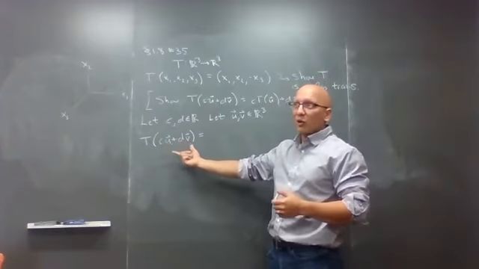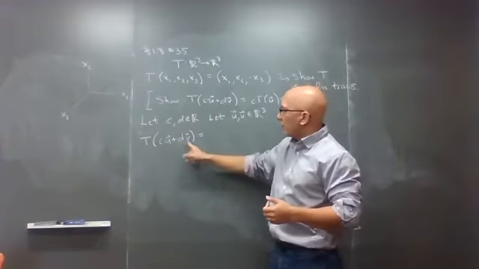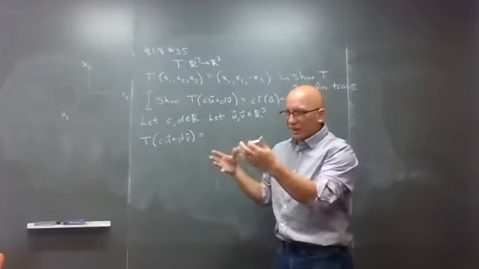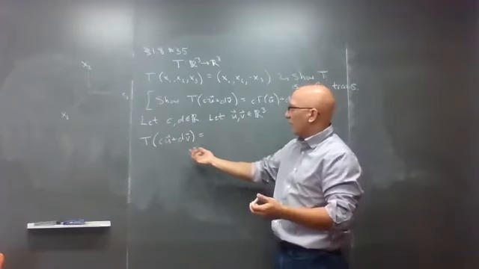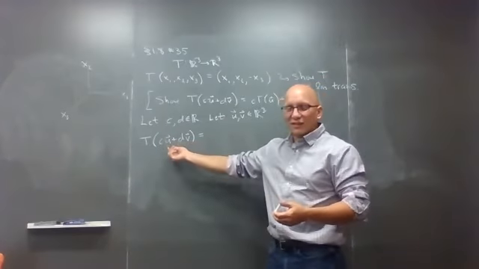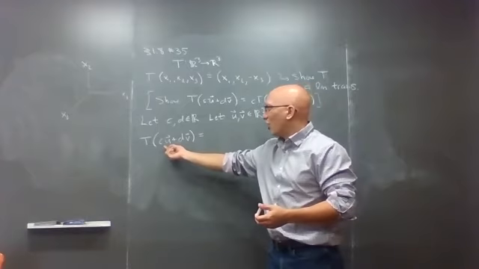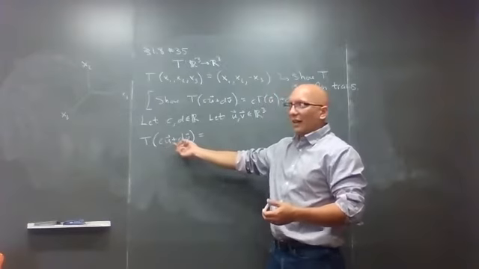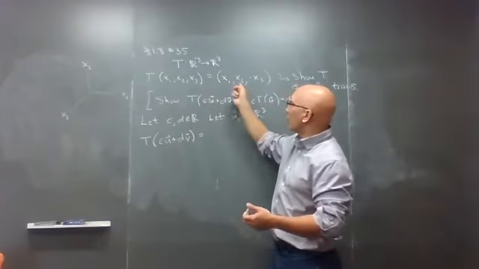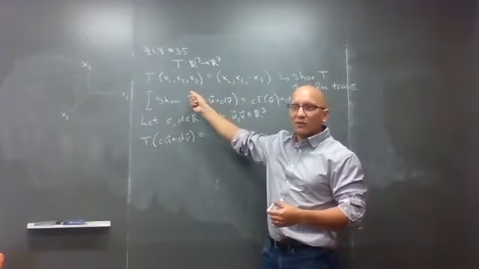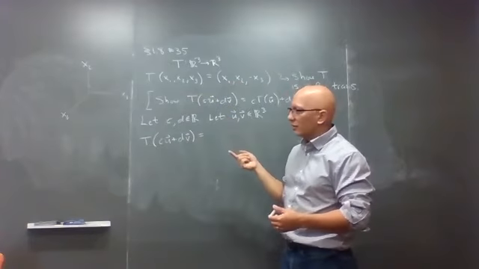Why don't we know how to apply this? Well, u and v right now are just arbitrary vectors, ambiguously defined in some way. I don't really know what the components are, and yet the function itself is defined in terms of the components. So how do I get around this?